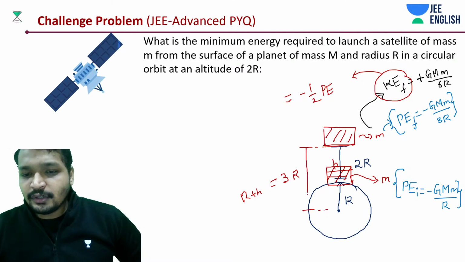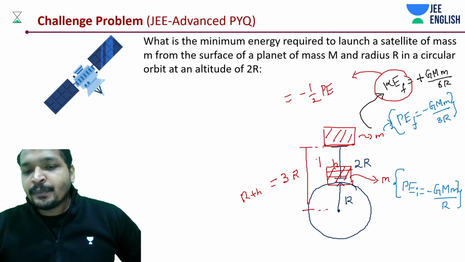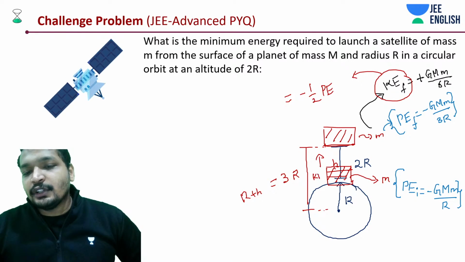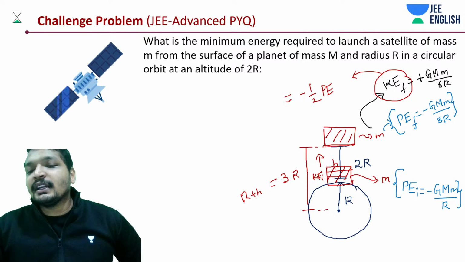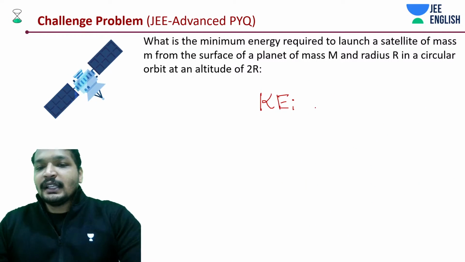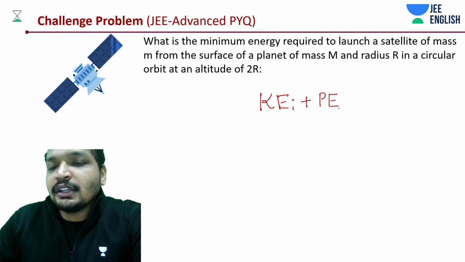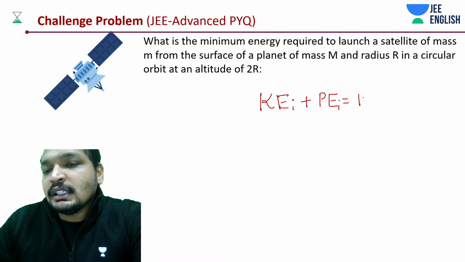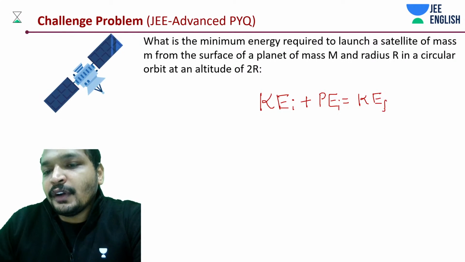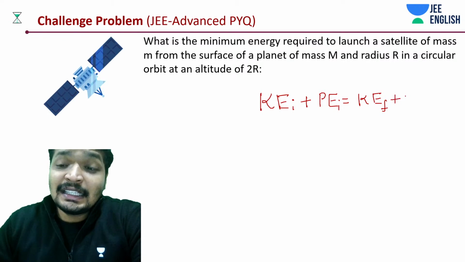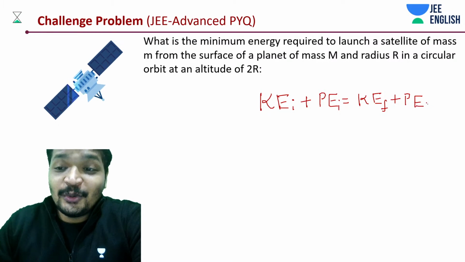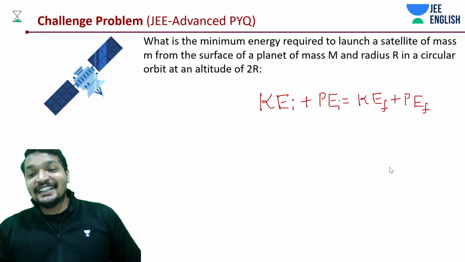But anyway, let's say there's some kinetic energy initial or some energy that was given. So kinetic energy initial plus potential energy initial is equal to kinetic energy final plus potential energy final. In fact, I think if you move by the total energy concept, it's even easier.